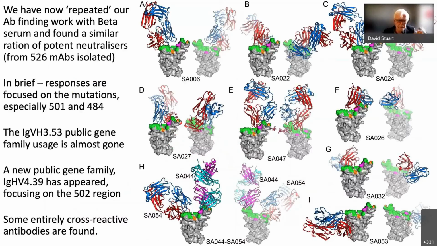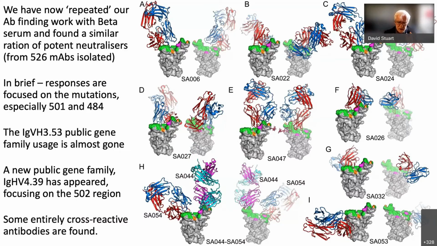So I won't go through the details of this, but this is unpublished data. We've done a large number of structures, probably about 15 or something, for a set of antibodies now that have been isolated from people infected with beta, so the South African virus.